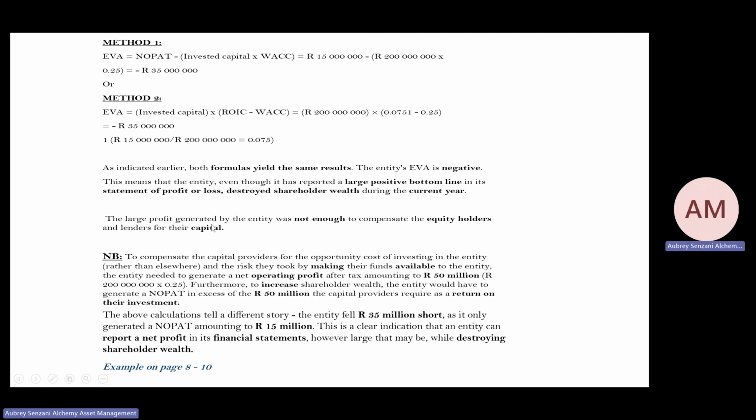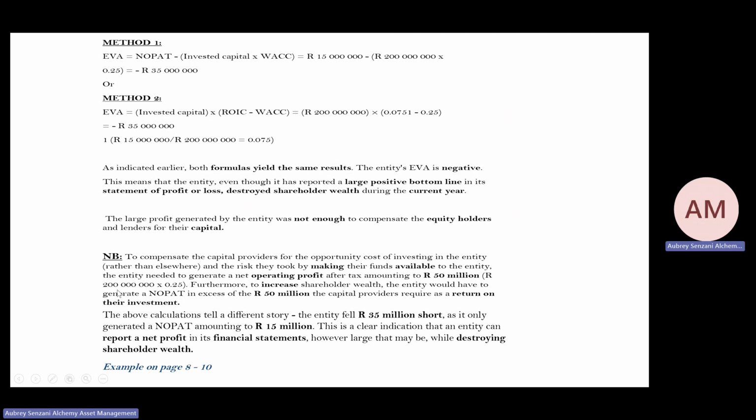The large profit generated by the entity was not enough to compensate equity holders and the lenders for their capital, to compensate for the opportunity cost of investing in the entity and the risk they took by making their funds available to the entity. The entity needed to generate a net operating profit after tax amounting to 50 million.